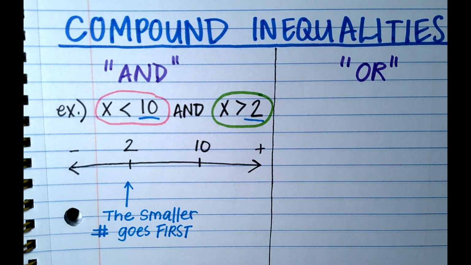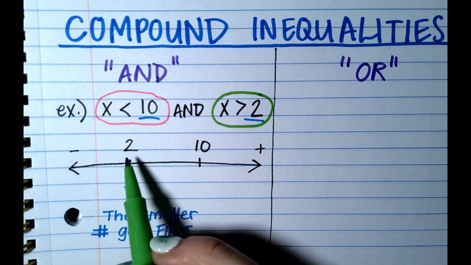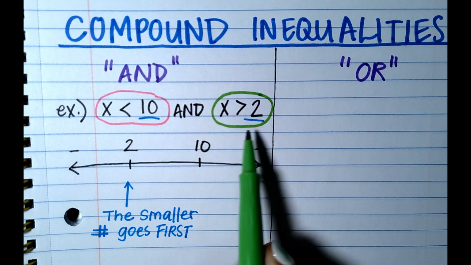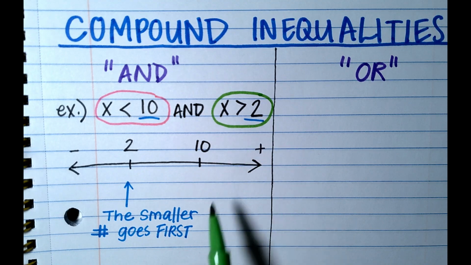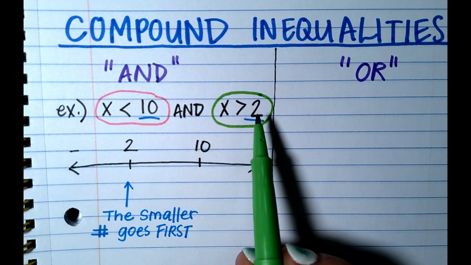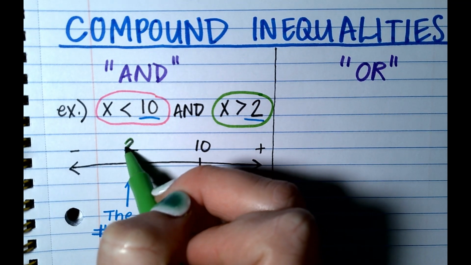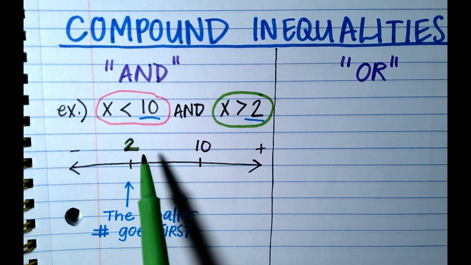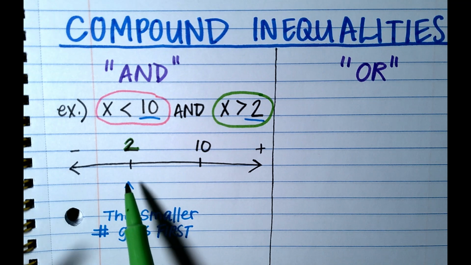Because I wrote 2 first, I'm going to look at my inequality with 2 in it first. If x is greater than 2, first of all, I've got my 2. Now let's think about the circle. Should it be an open circle or a closed circle?